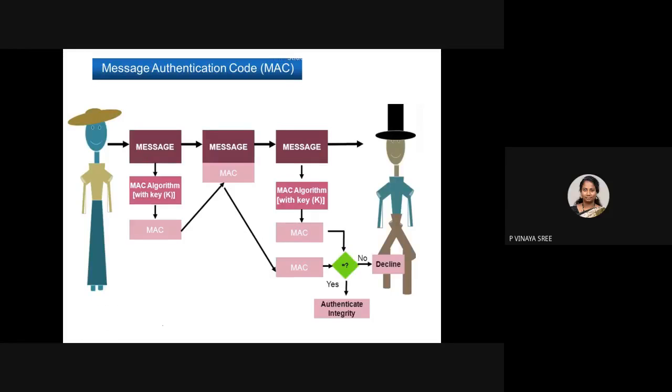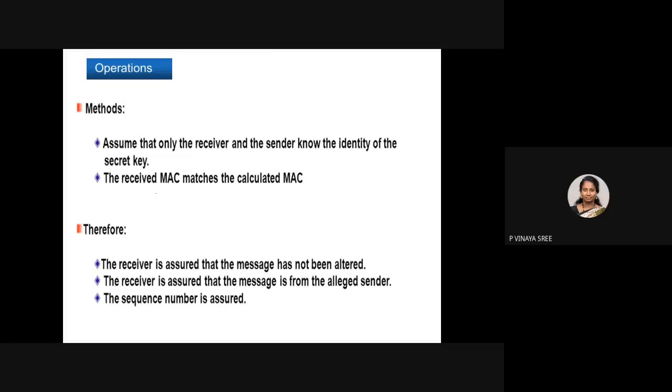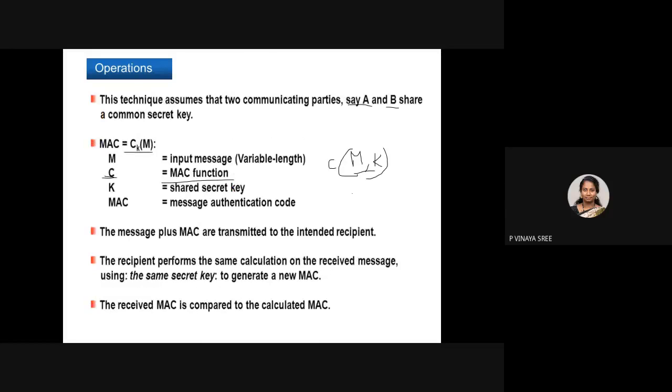Okay, so this is all we discussed. This is the last topic that we discussed. When Alice wants to send a message to Bob, along with the message, Alice will append a MAC. So how is the MAC generated at Alice's side? The message will be given to the MAC function, which is C. Once it goes to this function, you will be generating what?